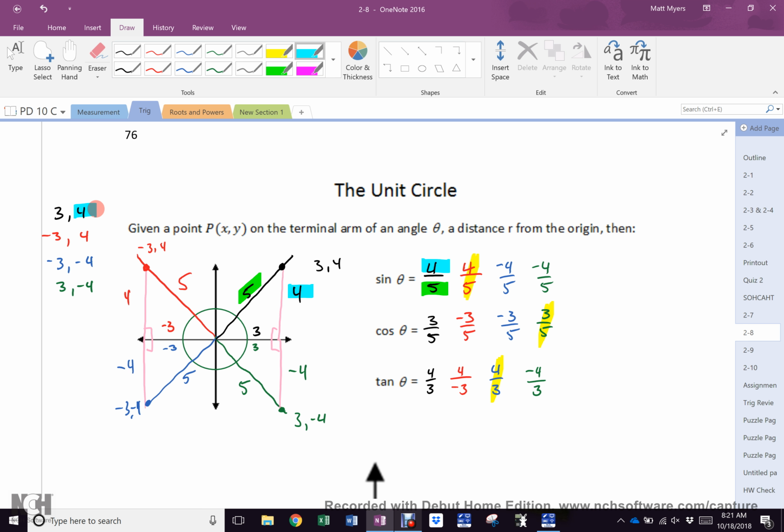What do you notice about every single sine measurement? In sine, it's x and y. It's y over s. Oh, yeah, s? Slant. Oh, interesting.